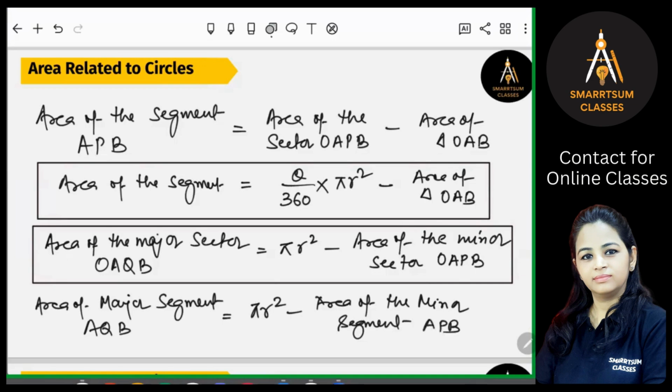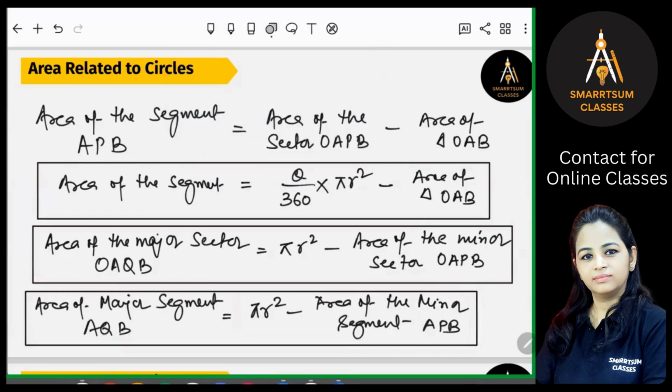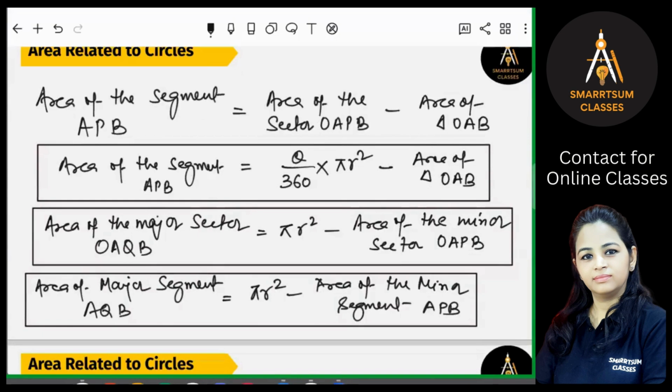So in the same way, if we have to find out the area of the major segment, then we will subtract the area of the minor segment from the area of the circle. Is that clear? So please write down.